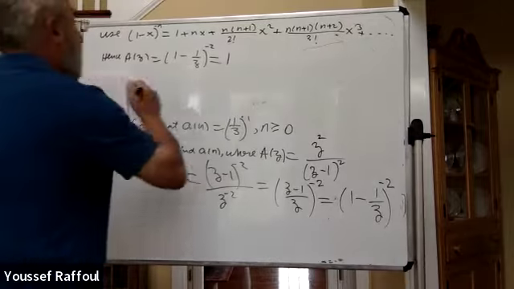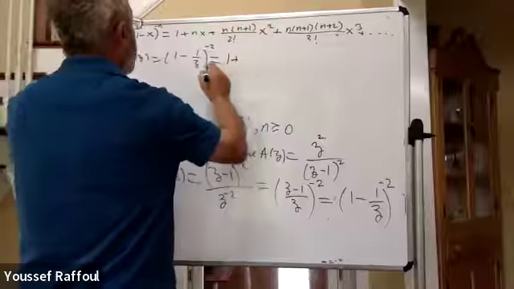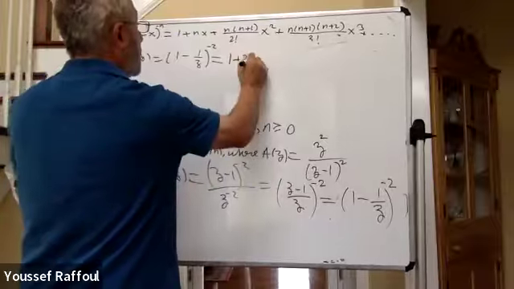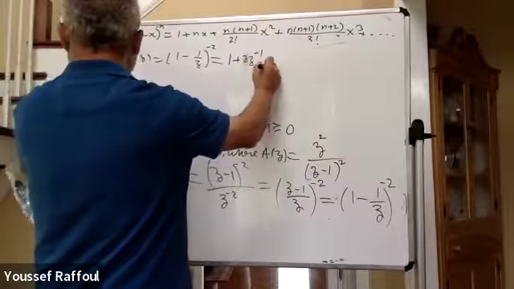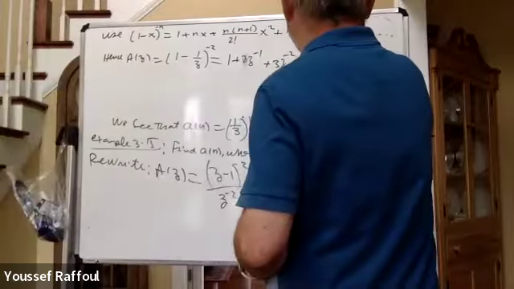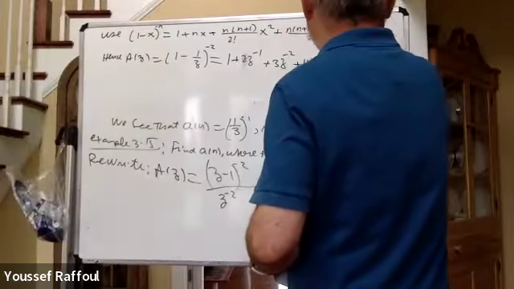So this is going to be 1 plus 2(z minus 1) plus 3(z minus 2) plus 4(z minus 3).